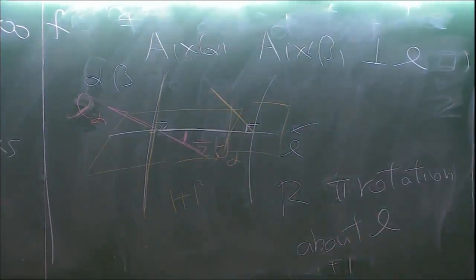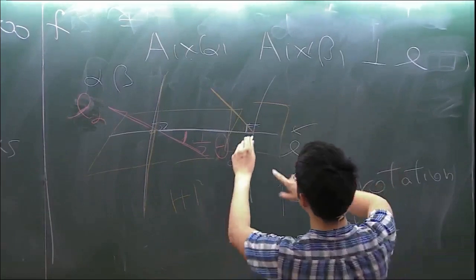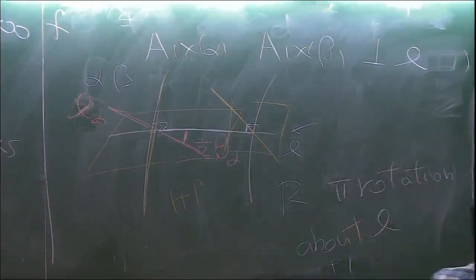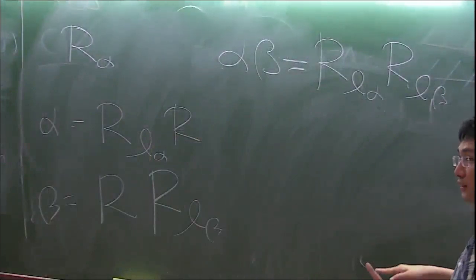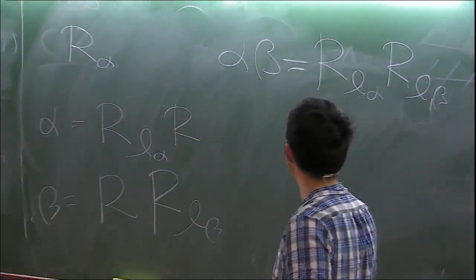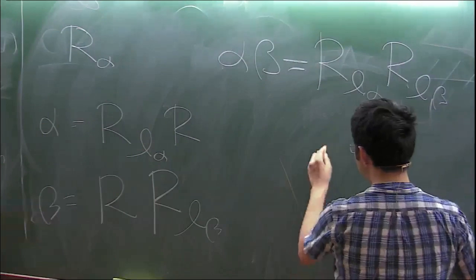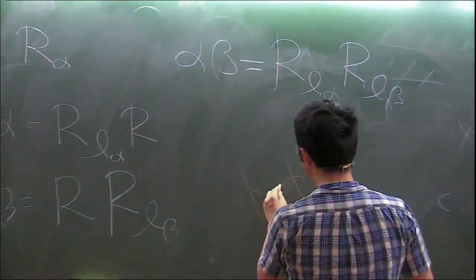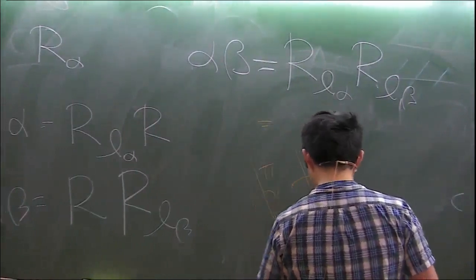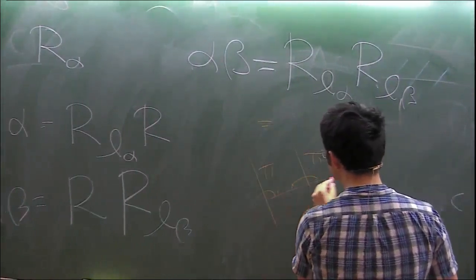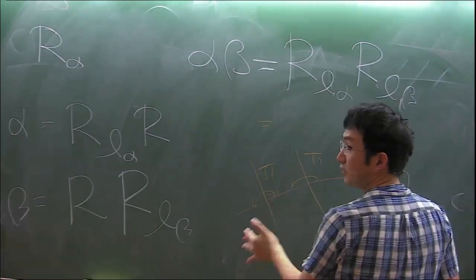And because they are in general position, those axes, we started with a general position, we can see that alpha and alpha beta are disjoint, and that means that when you have two disjoint geodesics and you compose the pi rotations along those geodesics, we get a hyperbolic element. So the translation length is twice the distance between those two geodesics.